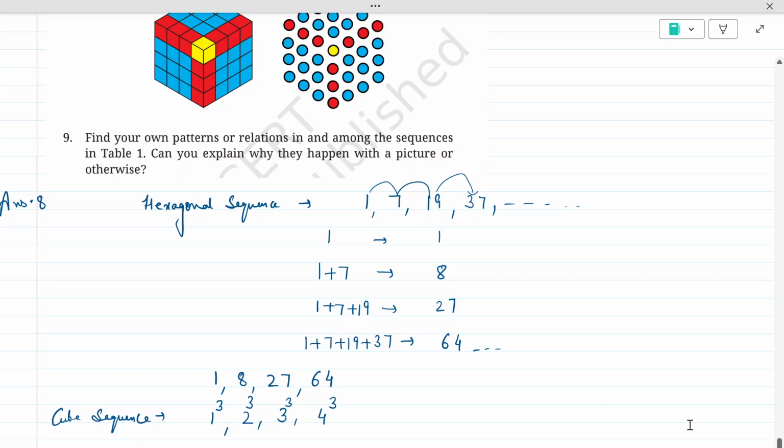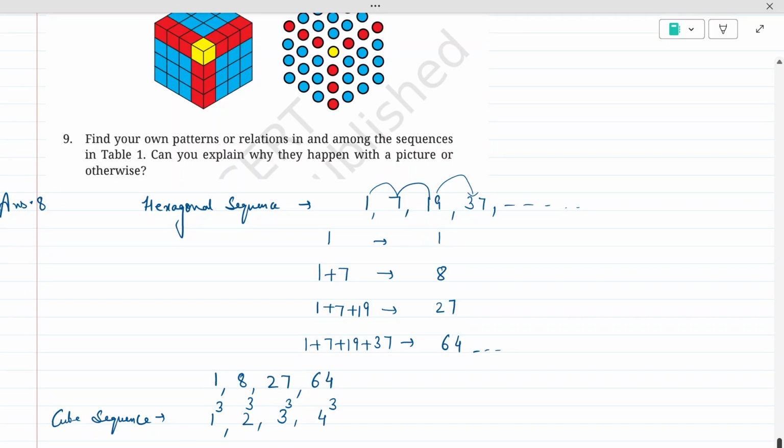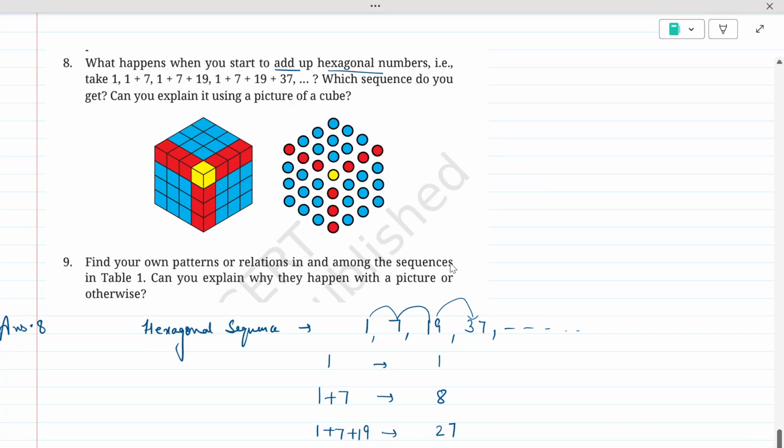Now, what is the next part of this question? The next part says, which sequence do you get? Can you explain it using a picture of a cube? If we have to make a cube using this, how we are going to do it is, first we have 1, so I'm taking it as 1 cube.